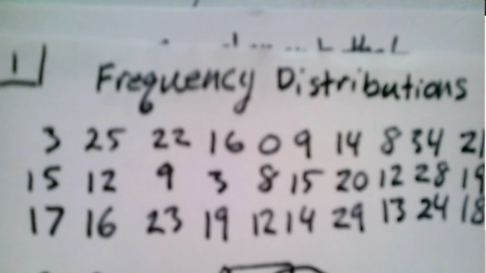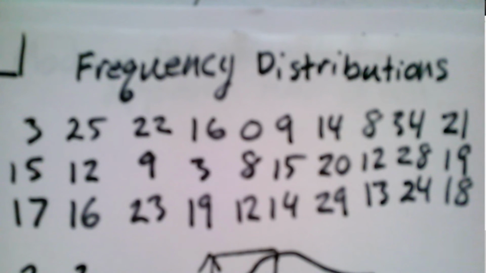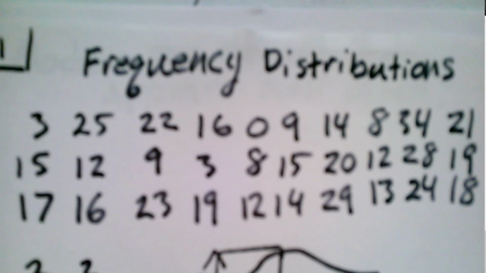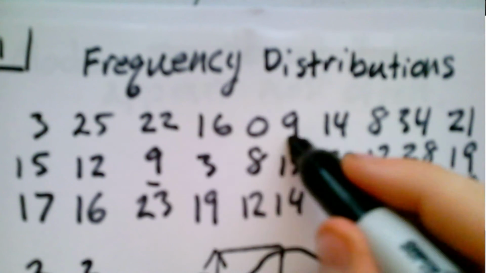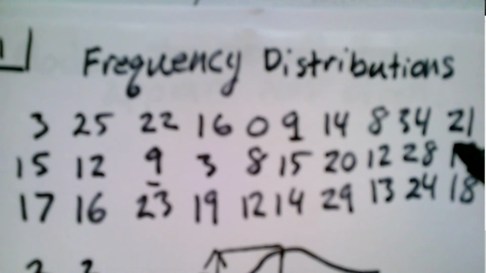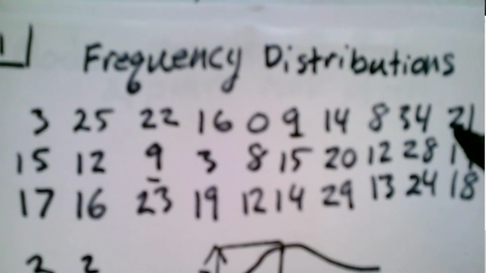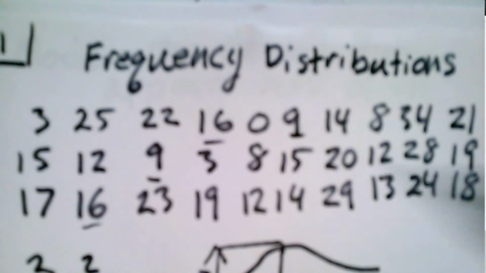Looking at this, we can actually do this one without looking at Mathematica at all. We'll figure out what element here appears the most often. Well, let's see. There are 2 9s, so that could be a mode. There are 2 16s.